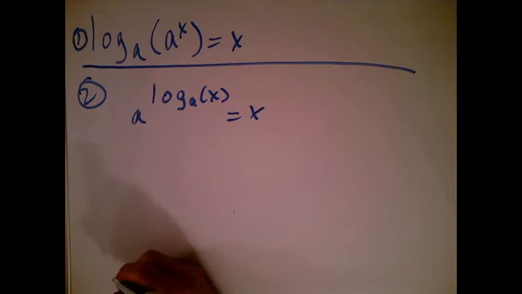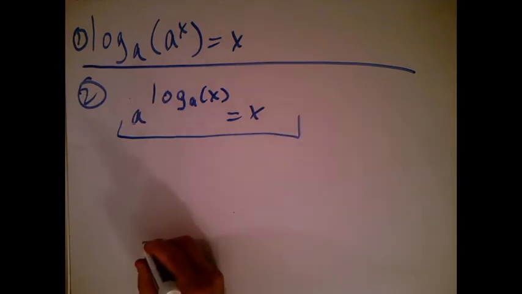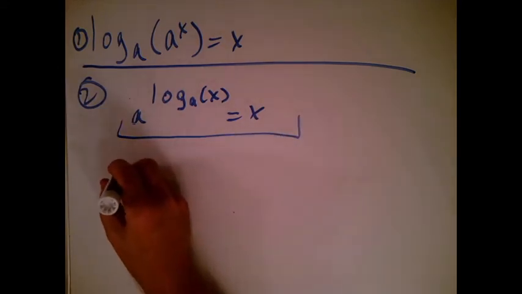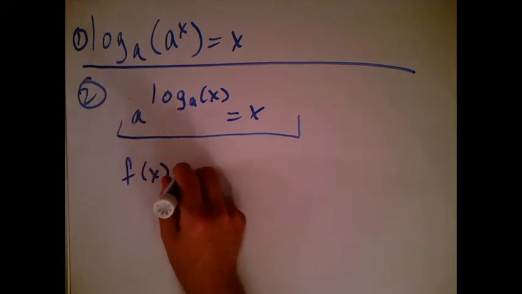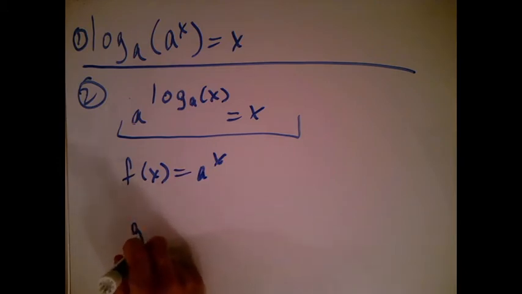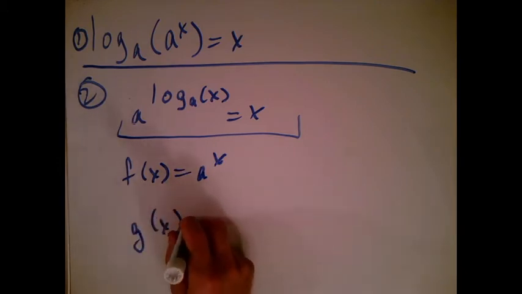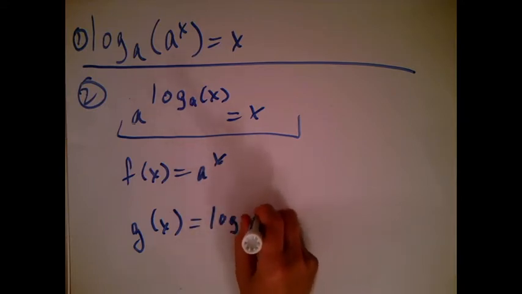The second one, if you really want to understand it right, you think in terms of inverses of functions. Because what we have is a function, an exponential function, a to the x, and we have its inverse function, g of x, and we write it as log base a of x.